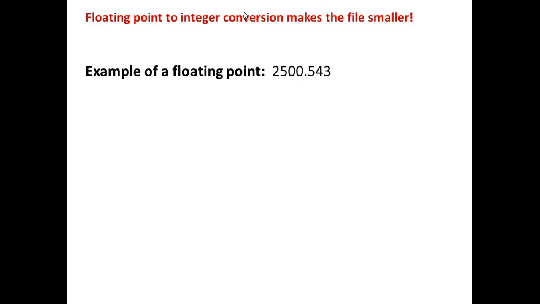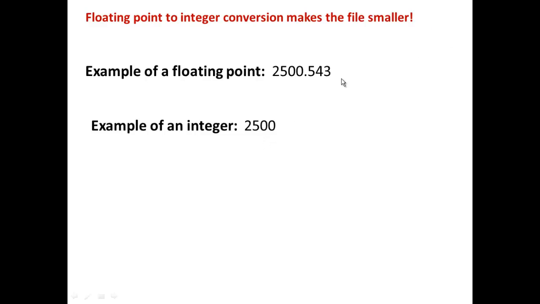Okay? So imagine we start out with a floating point of 2500.543. If we convert to integer, that's going to literally chop off everything after the decimal place. So this number would become 2500, an even integer. Now, there are actually ways to store decimal data as an integer.